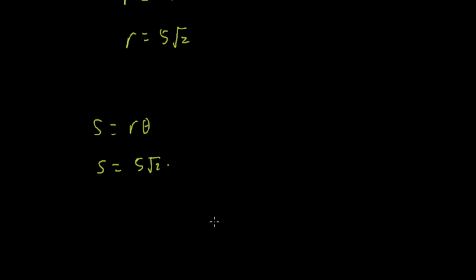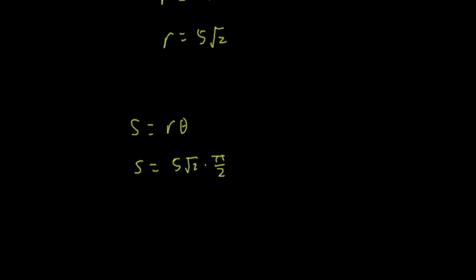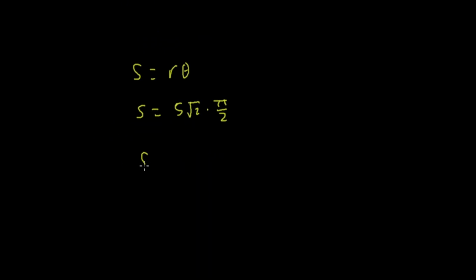And 90 degrees in radians is pi over 2. So times pi over 2. So the arc length is 5 square root of 2 over 2 pi.